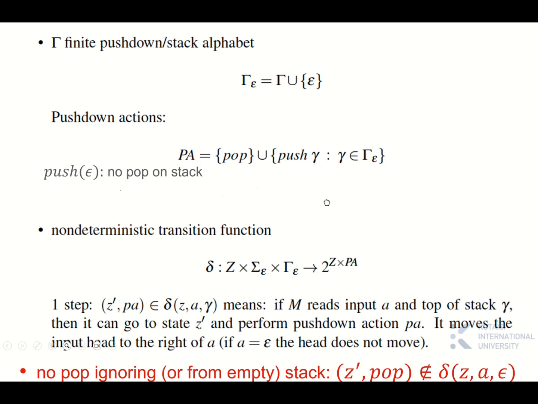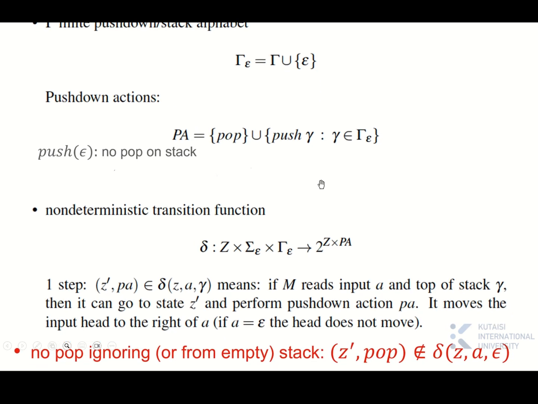And what is my most important non-deterministic transition function? It looks at the state, it looks at what is written on your alphabet, and also it can read epsilon, which is written everywhere.